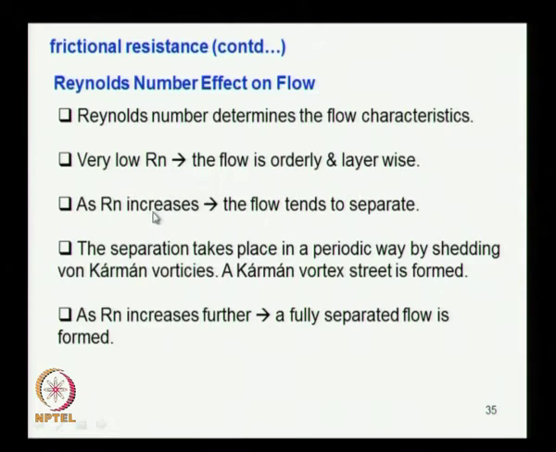Then as the Reynolds number increases, the flow tends to separate. The boundary layer becomes turbulent and the flow separates. Separation takes place in a periodic way by shedding of vortices. So you say that vortices are shed when the flow separates.